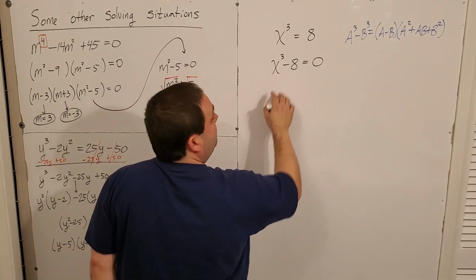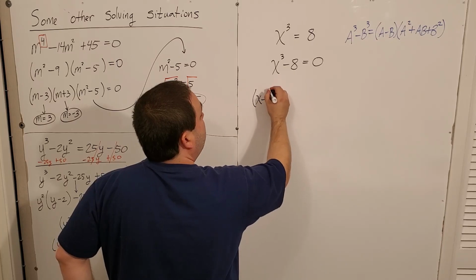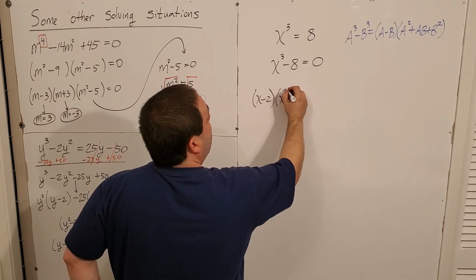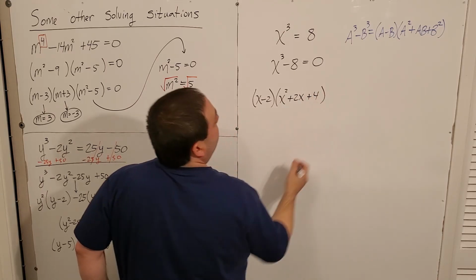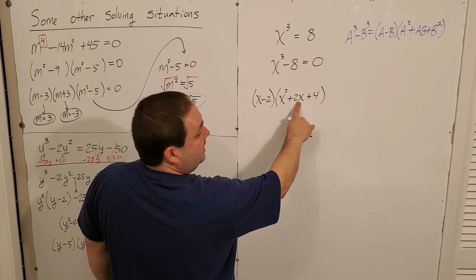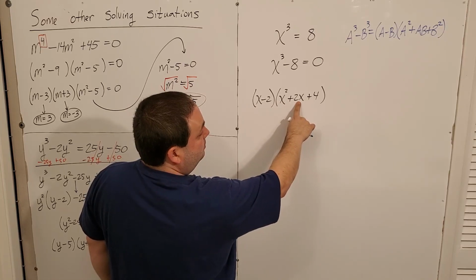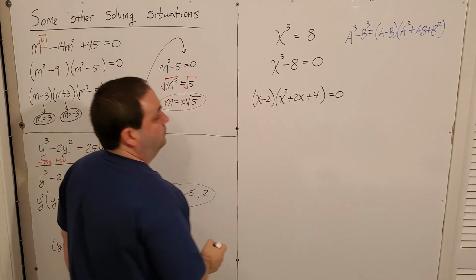So if I factor this by difference of cubes, I'll have x minus 2 times x squared plus 2x plus 4. Because a squared is x squared, a times b is x times 2, and b squared is 2 times 2. And it's still equal to 0.